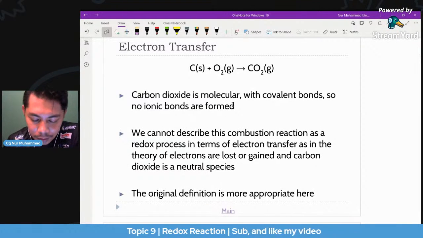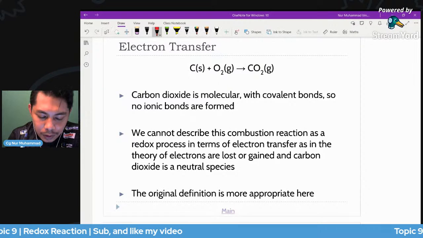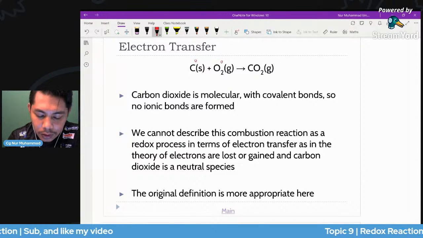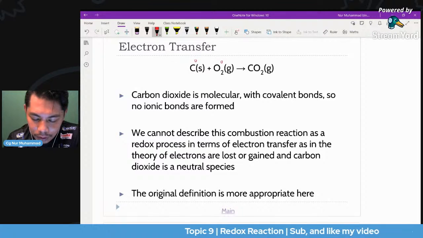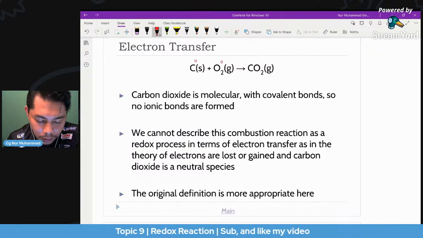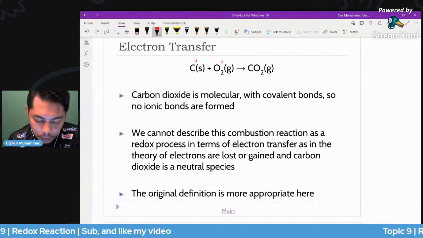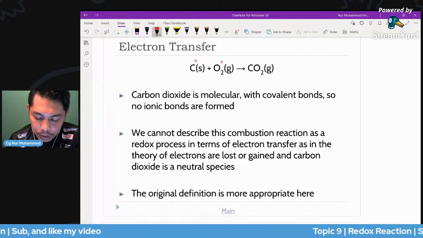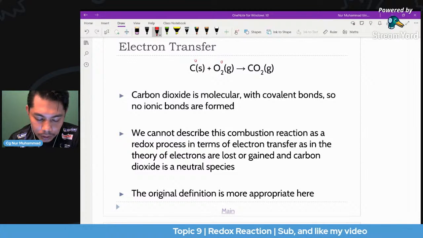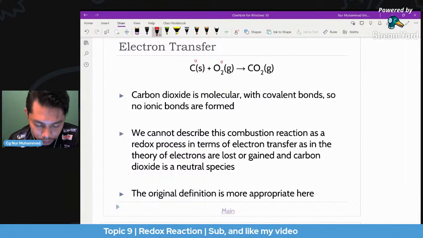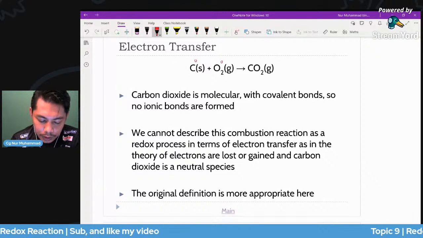This one electron transfer. Okay, this one carbon 0, oxygen 0. Okay, carbon dioxide is molecular with covalent bond, so no ionic bond are formed. We cannot describe this combustion reaction as a redox process in terms of electron transfer, as in the theory of electron are lost or gained and carbon dioxide is a neutral species. So the original definition is more appropriate here.